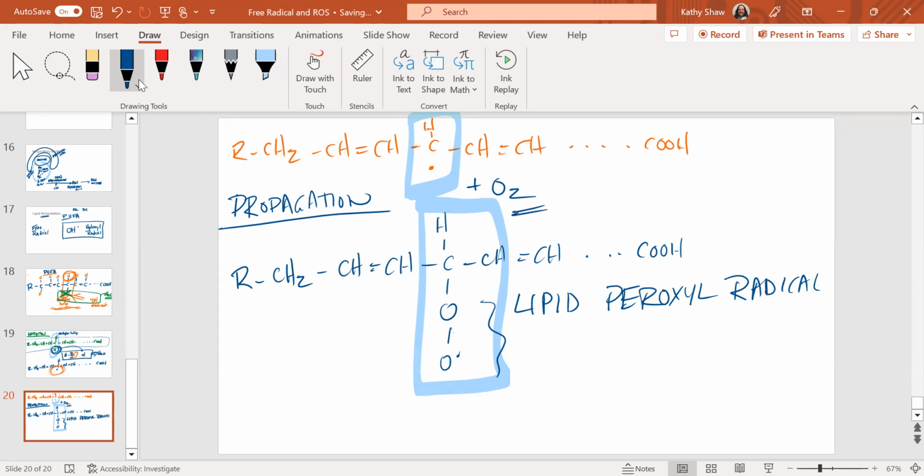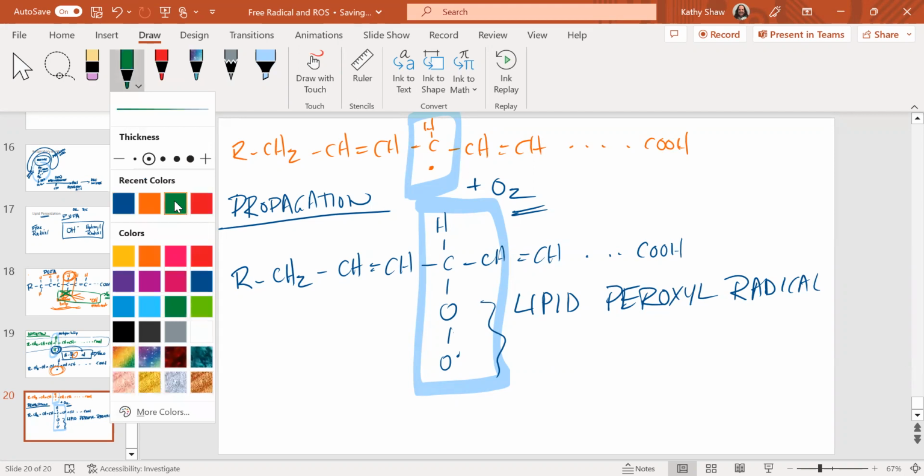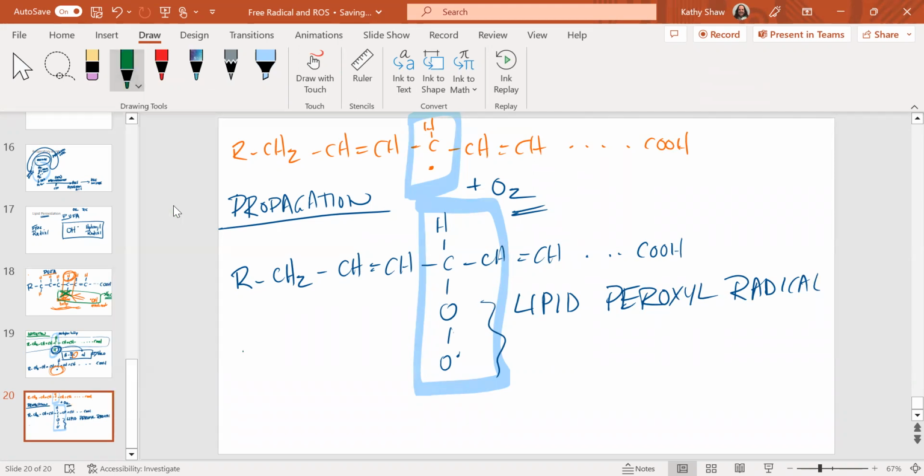The oxygen was added to it. So now that's going to go and react with another unsaturated fatty acid. So this is where it gets a little dicey trying to draw it, but we'll do what we can. So I'm going to take another unsaturated fatty acid, whatever it is.